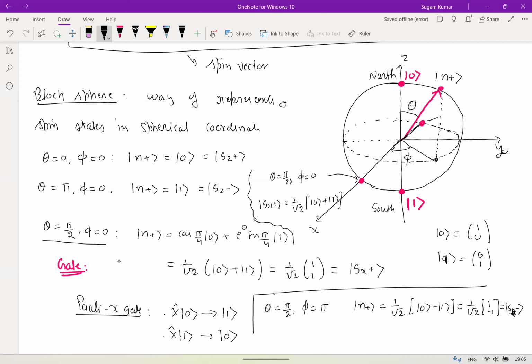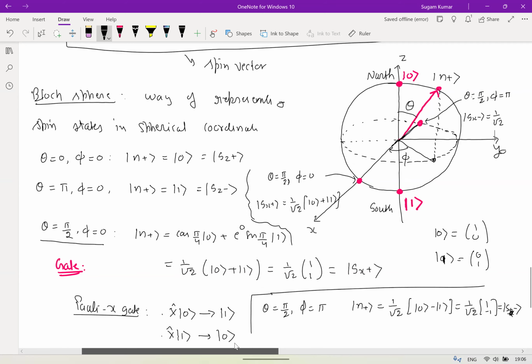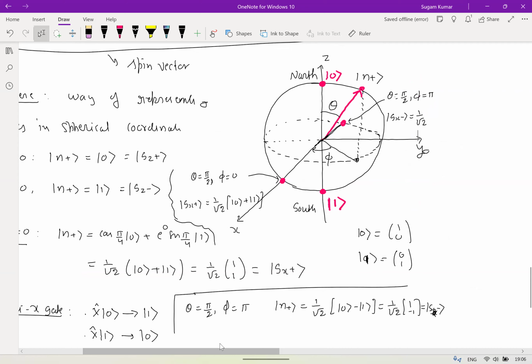So this is the position where I can say theta equal to pi by 2 and phi equal to pi. Minus. Exactly. So this is |Sx minus>. This is nothing but 1 by root 2. Let me drag this aside, and this is going to be 0 and minus 1.